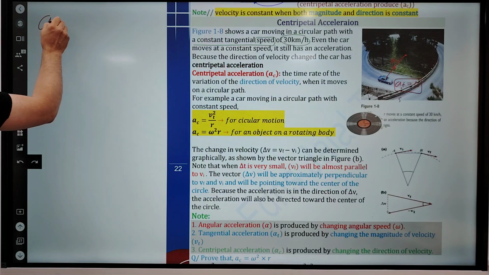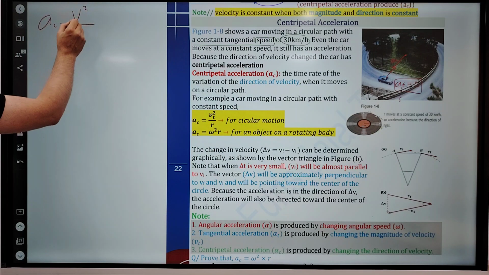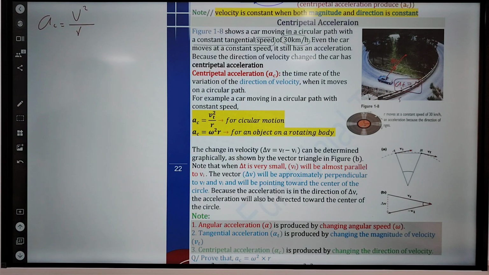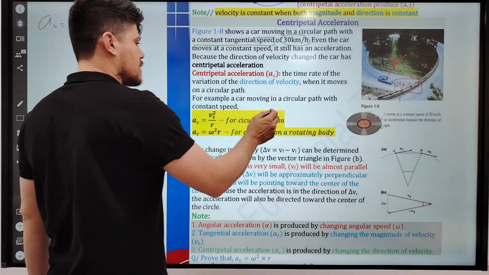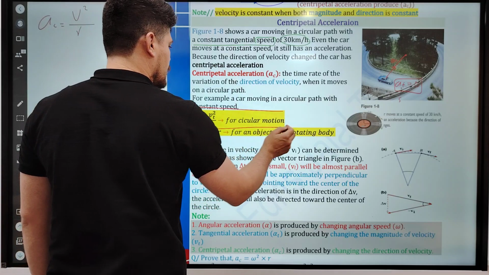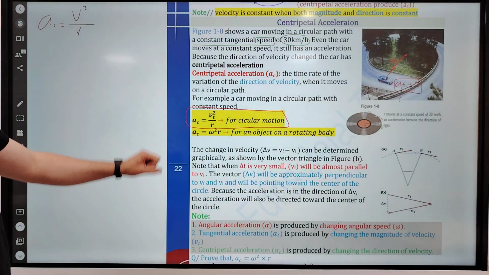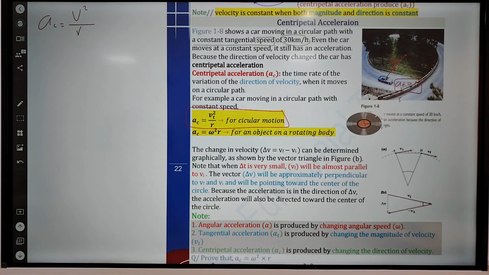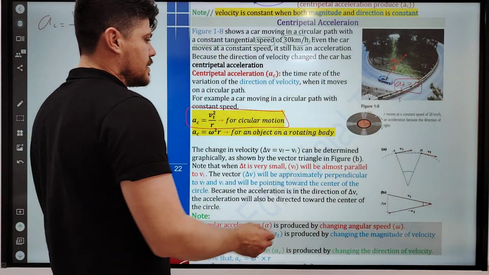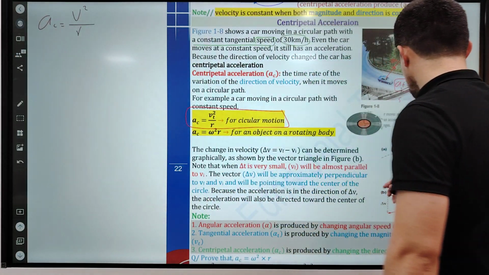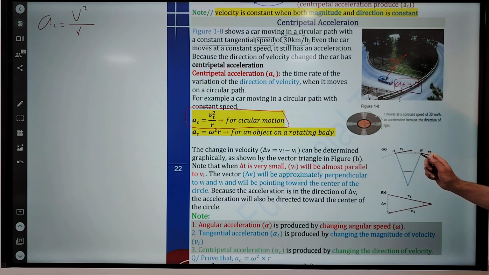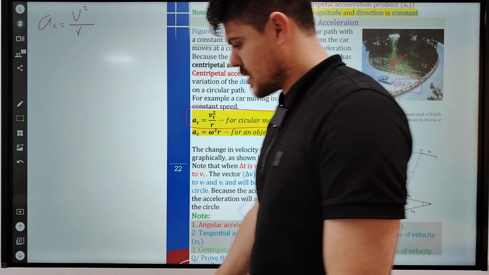V squared over R. We can prove this equation, but we don't have enough time to prove it. As you know, the direction of the velocity changes continuously, so that is why the object has centripetal acceleration.